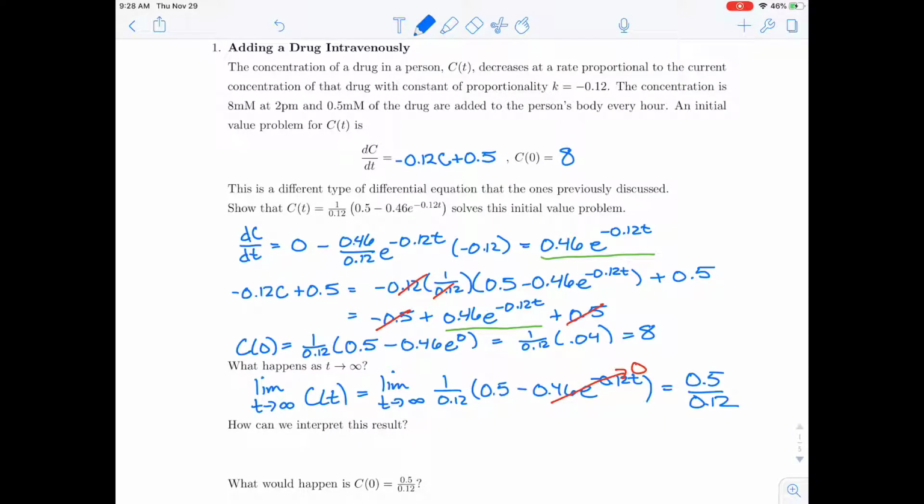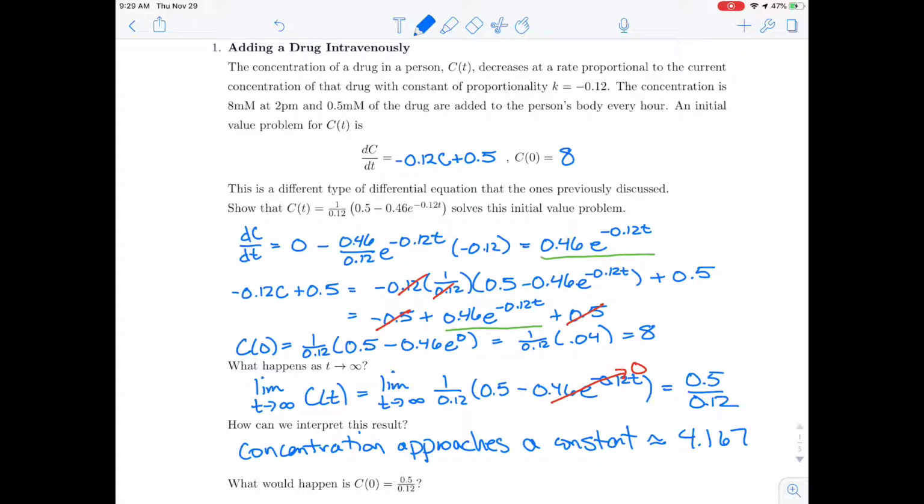The concentration approaches a constant, and that constant is approximately 4.167 millimoles.